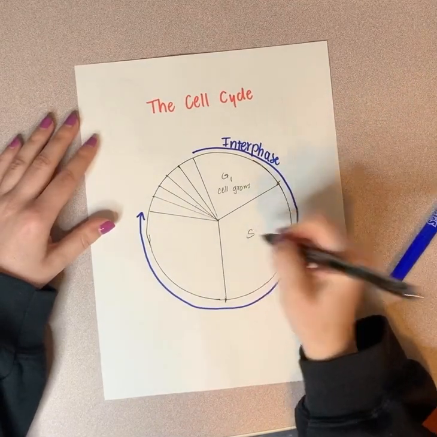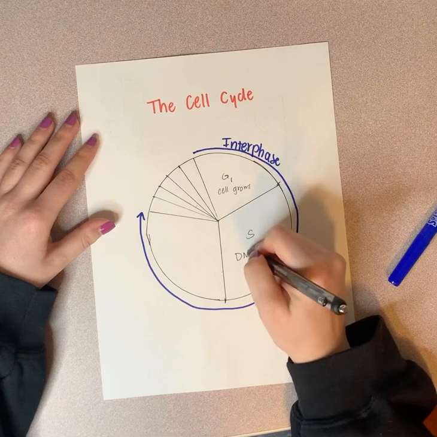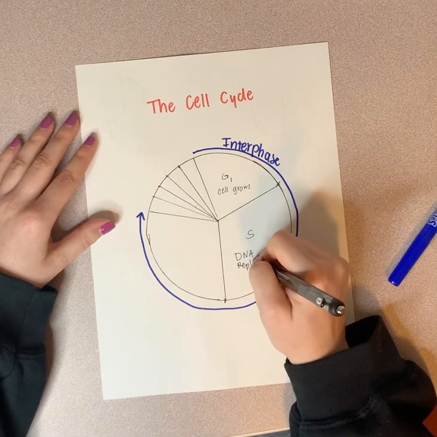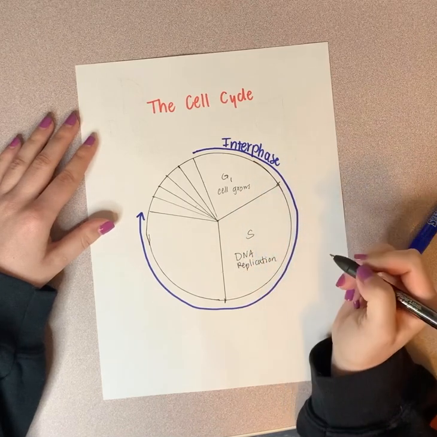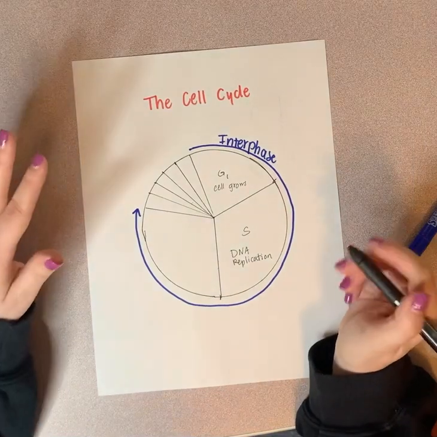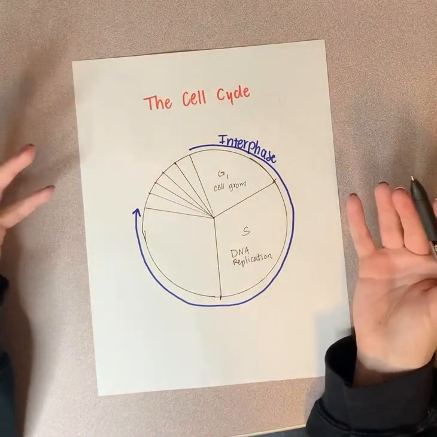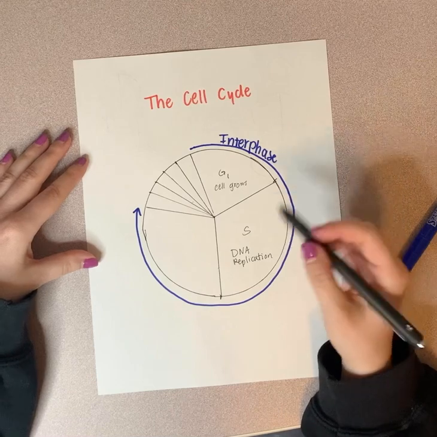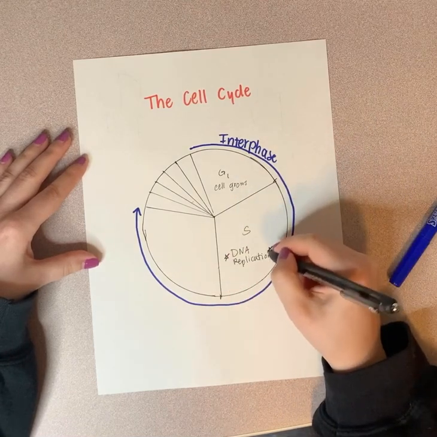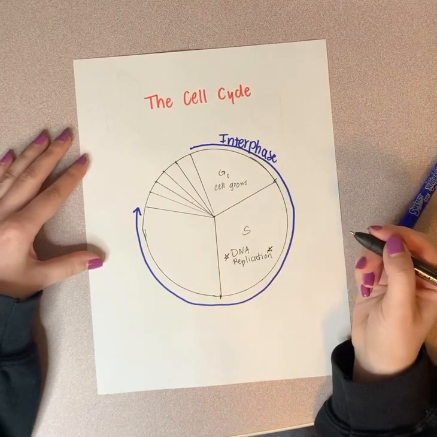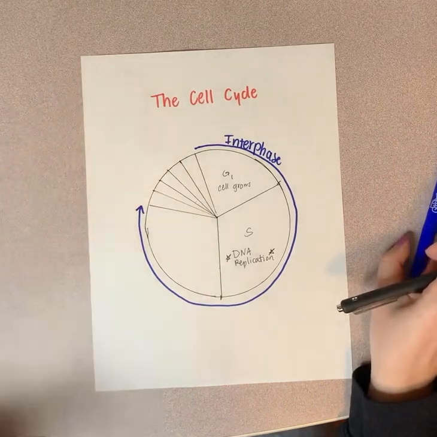The DNA gets copied in S phase. This is where DNA replication occurs. That whole thing we learned about last week with helicase and DNA polymerase and all of that comes into play during S phase. So this is where DNA replication occurs. The S actually stands for synthesis of new DNA.